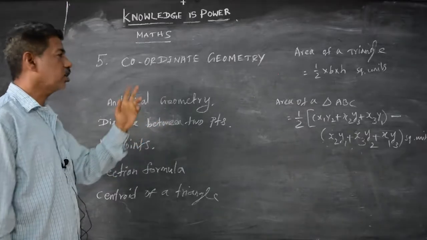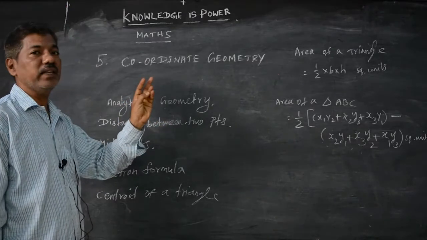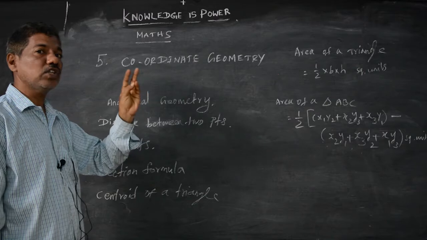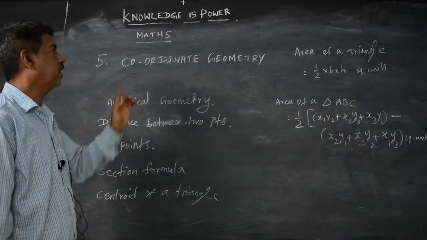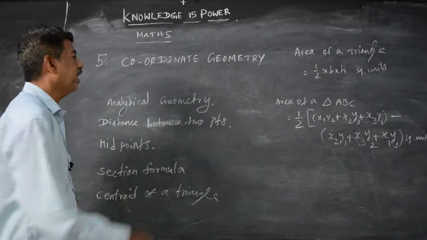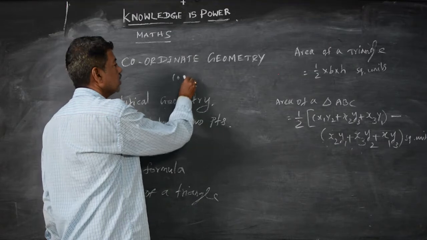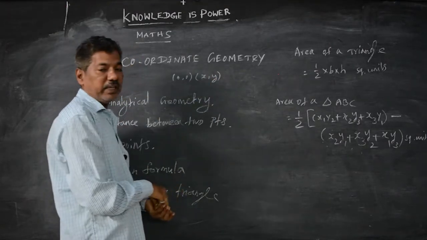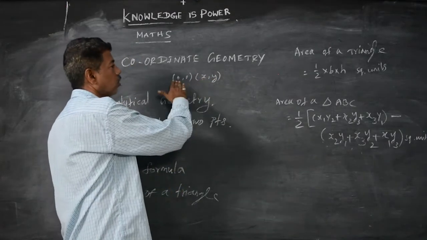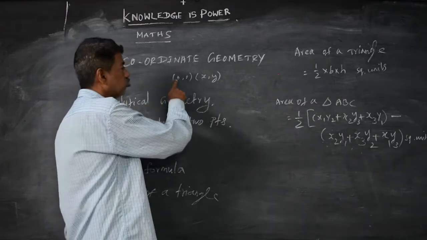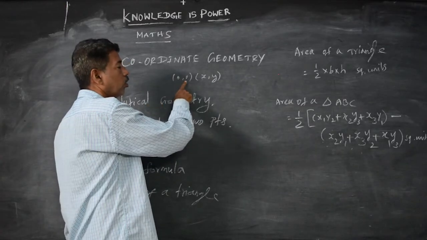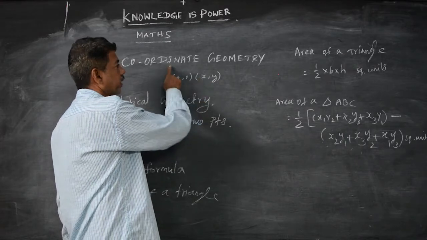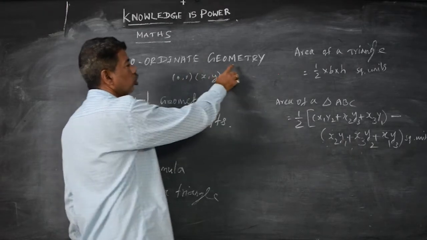They consist of two things, x comma y. Even 0 comma 0 is possible. For example, 0 comma 0, x comma y, a comma b. The first is the x-axis and the second is the y-axis. That's why we call it coordinate geometry.